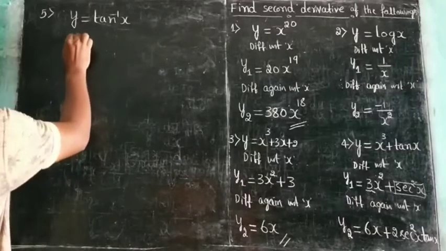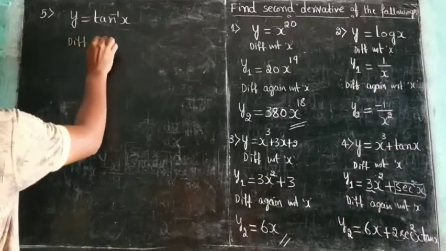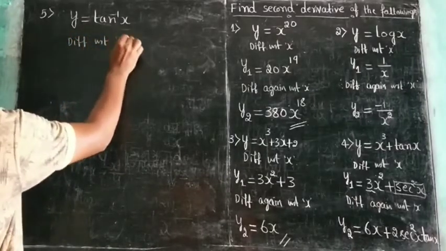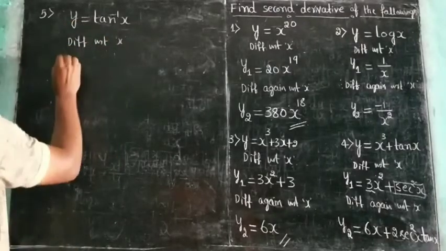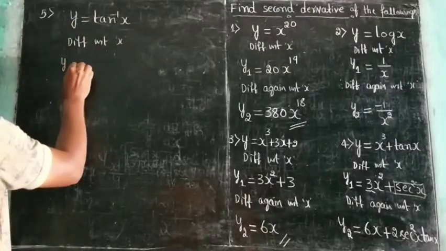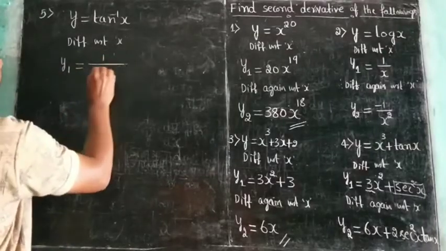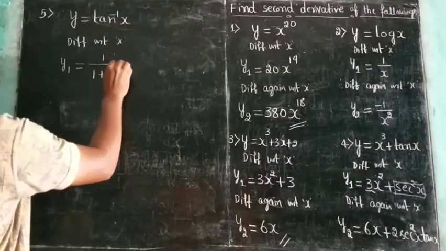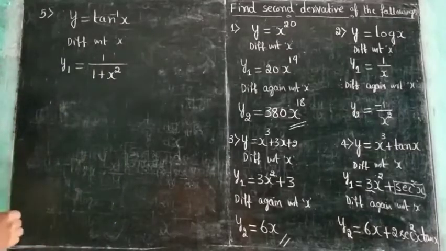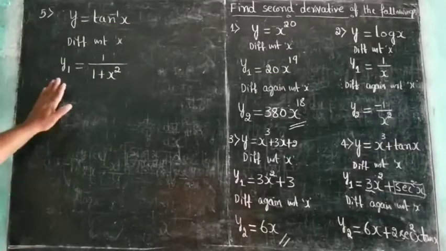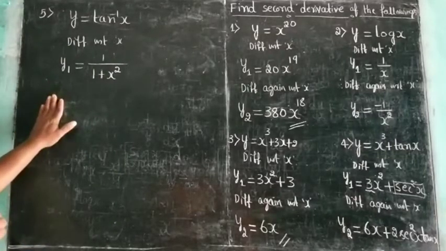First differentiate with respect to x. The derivative of y is y1 is equal to, the derivative of tan inverse x is 1 divided by 1 plus x square. This is the first derivative.